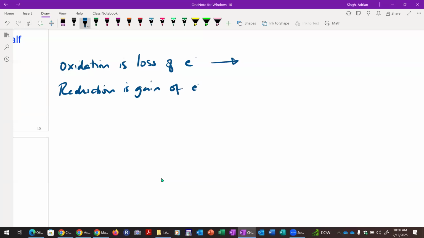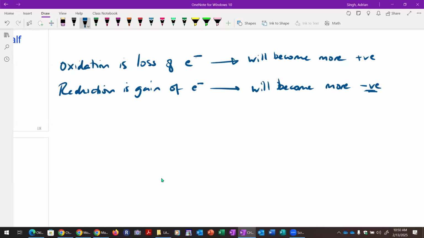Well, think about this. If you are gaining electrons, you're gaining negative charges. Electrons have negative charges. So whatever is undergoing reduction will become more negative. Which means if something is losing electrons, then it will become the opposite of that, which would be more positive, because we're losing negative charges.